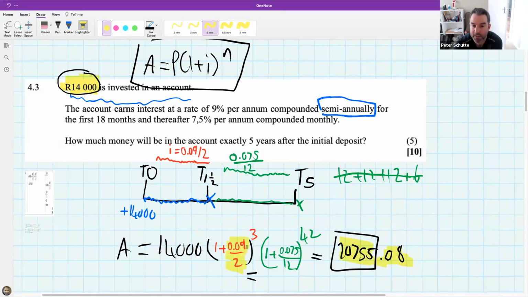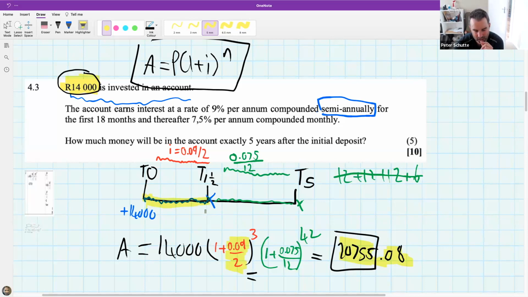So what this does is it makes the interest rate in half years. But if my interest rate is in half years, my time has to be in half years. And at the moment, what we're saying is how many half years or how many 6-month periods are there in 1.5 years? 6 months is the first period, another 6 months is the end of year 1, and then a year and a half in, it's going to be 3 periods of 6 months.